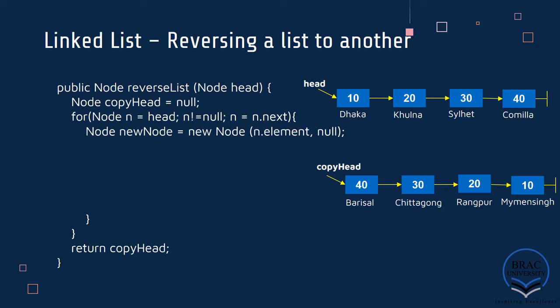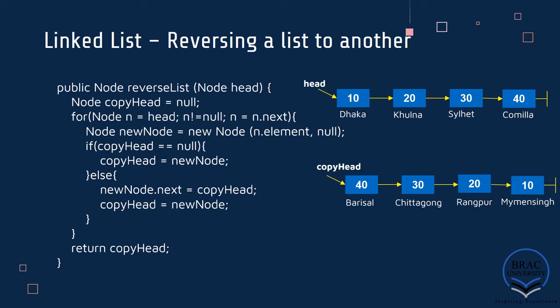The next step will be similar to the copy list, which is basically checking if my copy head is null or not. If the copy head is null, then we assign the new node as the copy head.